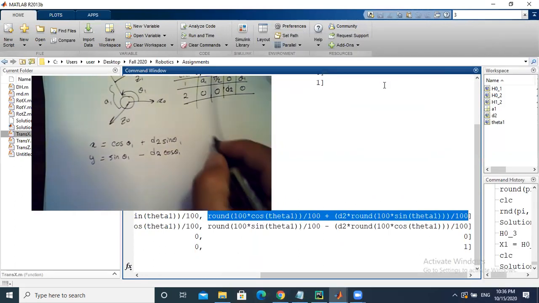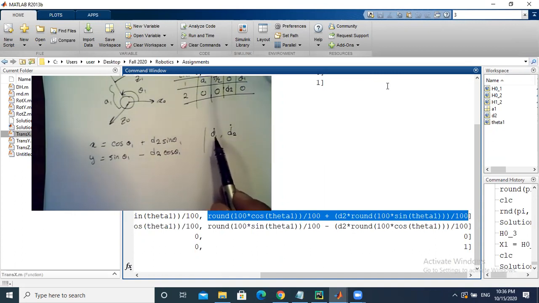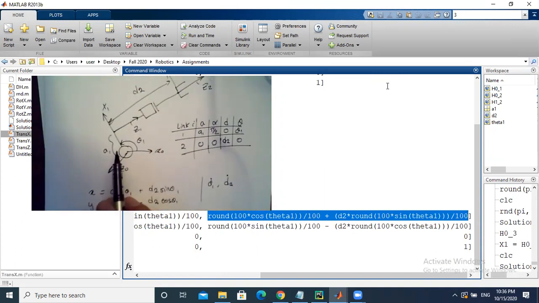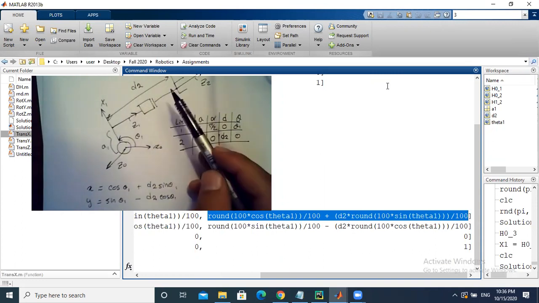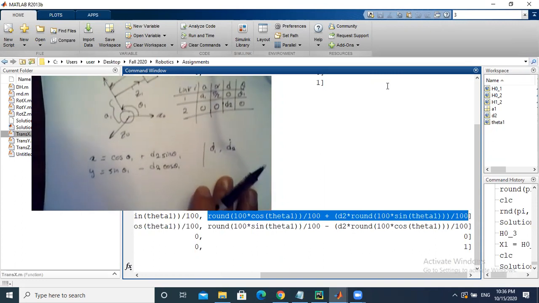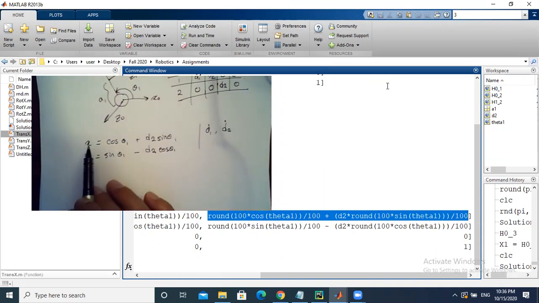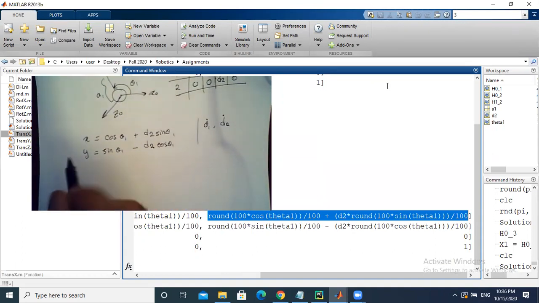So what are the joint velocities? We have theta 1 prime and then we have d2 prime, right? The time rate of change of the variable theta 1 is basically how fast this joint is moving, and d2 prime is basically how fast this prismatic joint is telescoping, right? That is d2 prime. So if I'm trying to find the velocity of this point, how can I find that? So x is a function of two variables, theta 1 and d2, right?